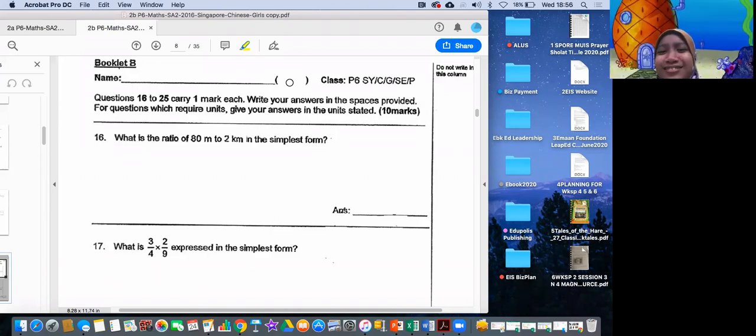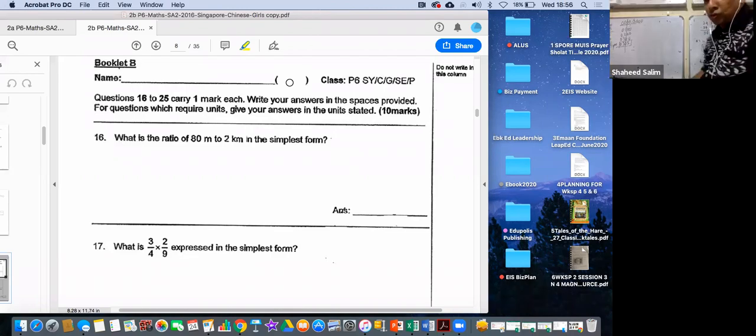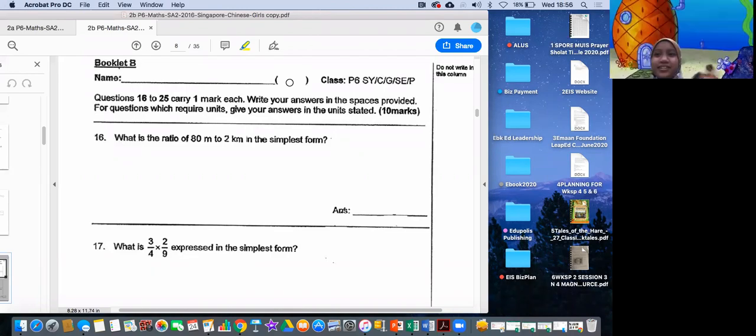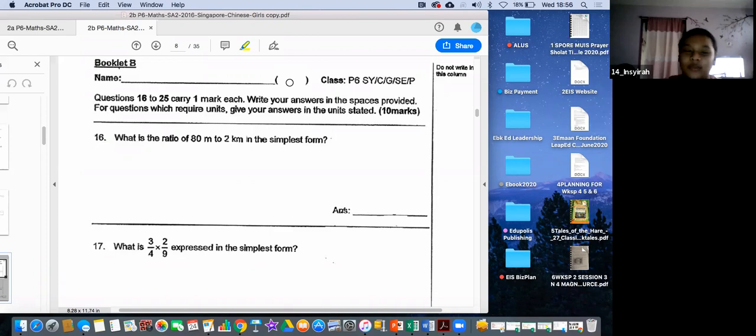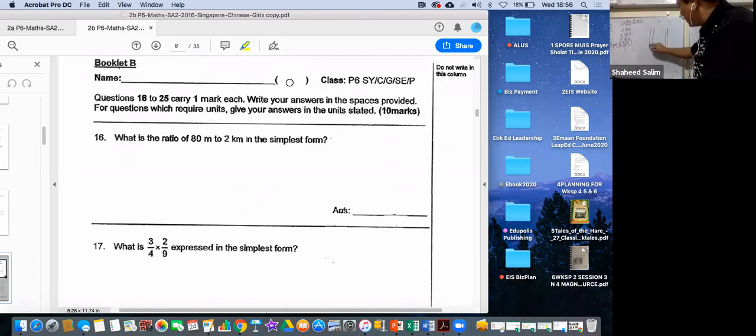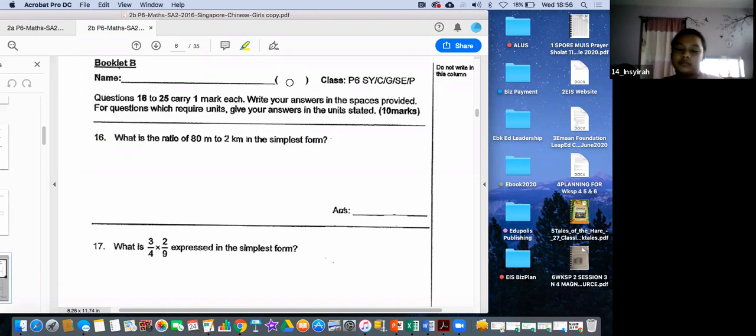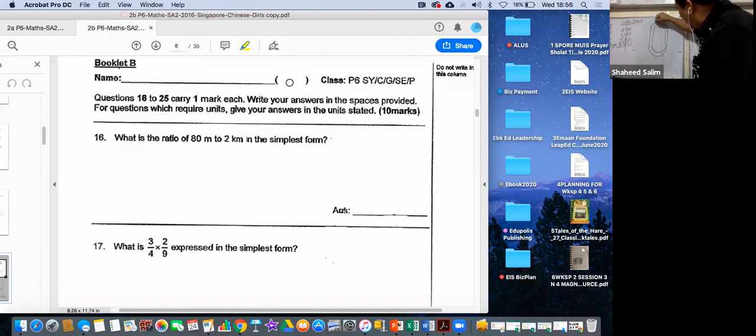Okay, I'll show you. What's your answer, Zahira? 1 is to 25. That's the same answer as Sophia. Correct.